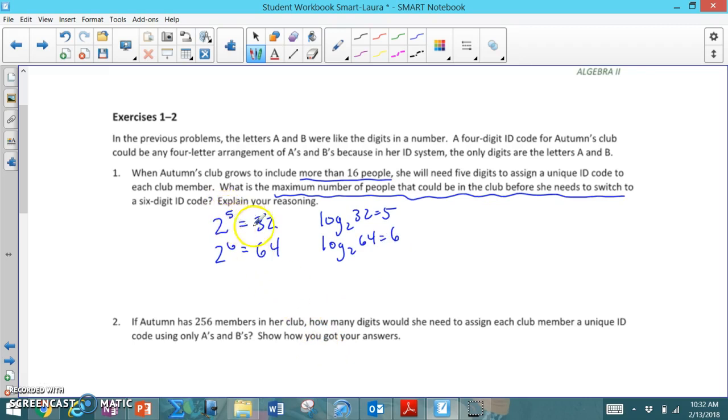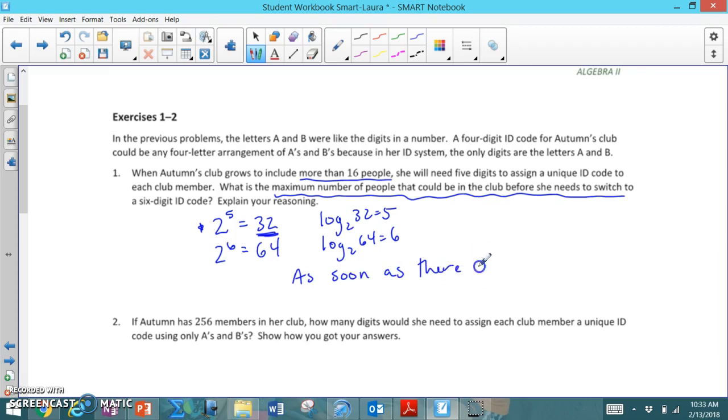But actually in this one, because of the way we're thinking about the problem, a lot of my students thought it made sense to write it in exponential form first. And as we can see, the maximum number of people that we could have before we need to switch to a 6th digit would be 32. Okay, so as soon as it grows to more than 32 people, I need to switch to 6 digits.